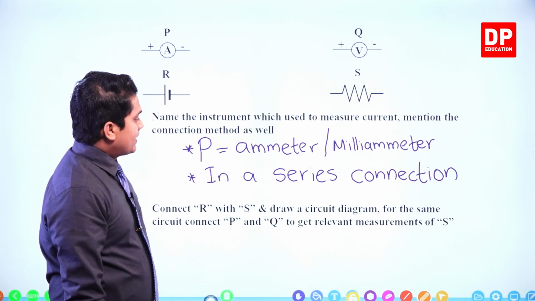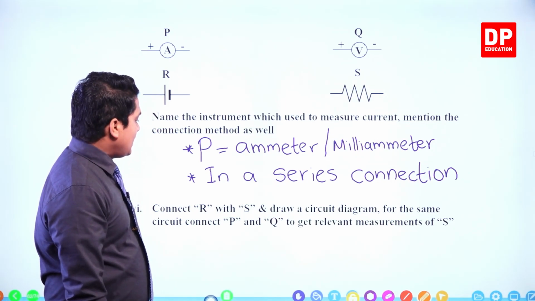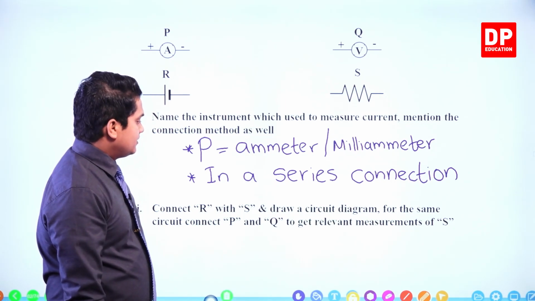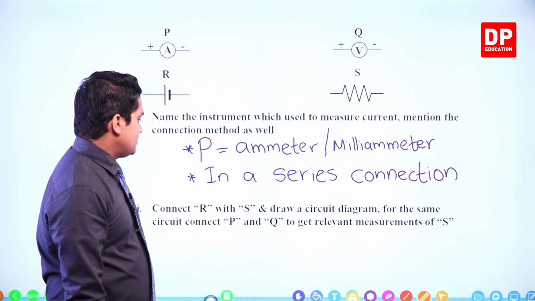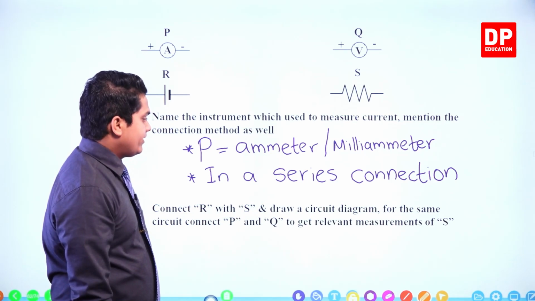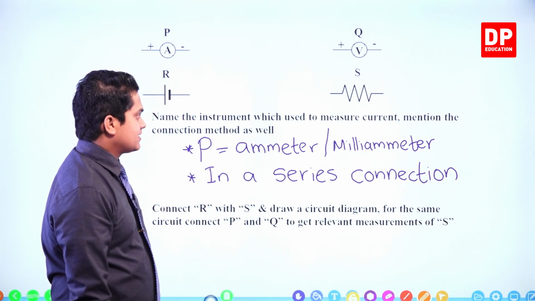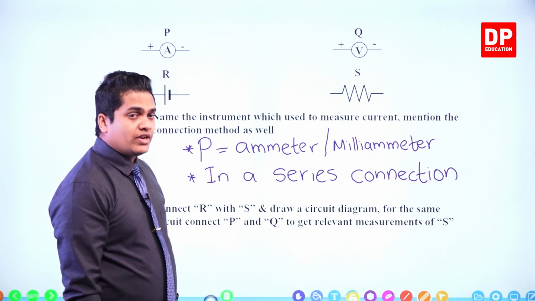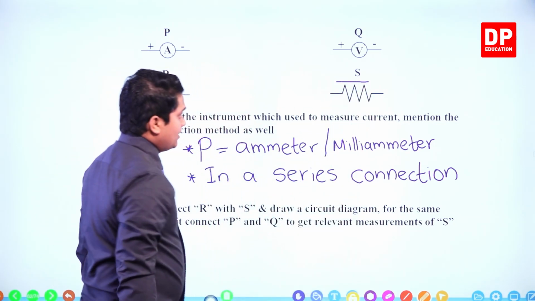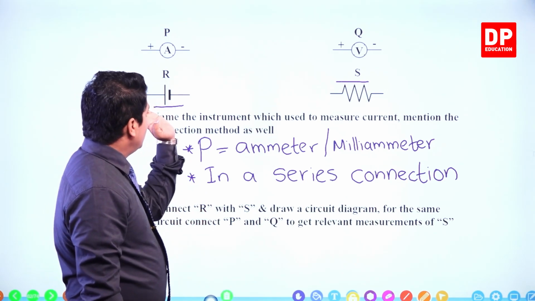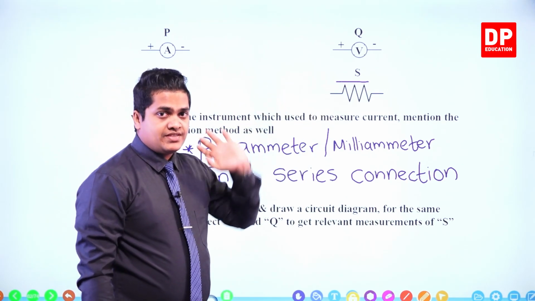Right. The next question. Connect R with S and draw a circuit diagram. For the same circuit, connect P and Q to get relevant measurements of S. So we have to connect R with S. That means we have to connect the dry cell to this permanent resistor.